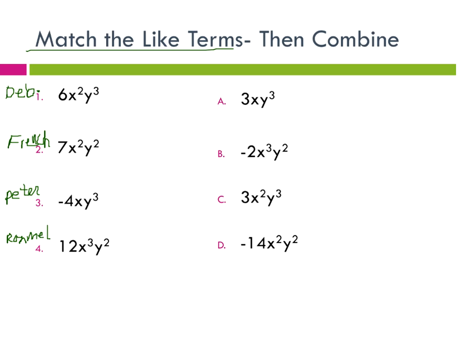All right, so we're getting some of you matching these up together. Excellent. And then you can go ahead and figure out what do they equal. Good. So Deborah says 1 and C match together. I agree. And then Deborah, what do those add up to when we combine them?